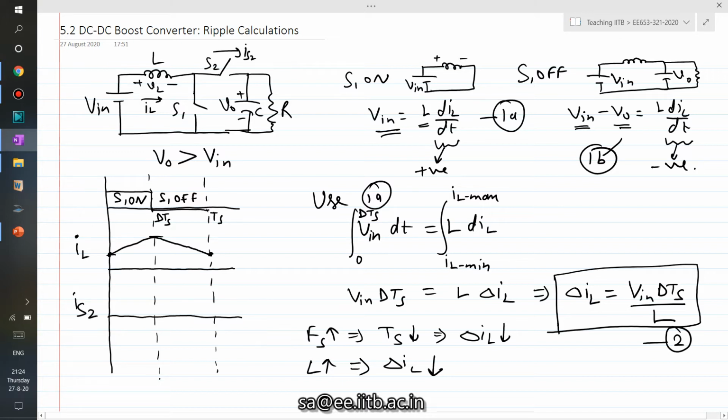This is IS2. From 0 to DTs, S2 is off, so IS2 is 0, and from DTs to Ts, S2 is on. Therefore, the inductor current is equal to the switch S2 current, and the current looks something like this.